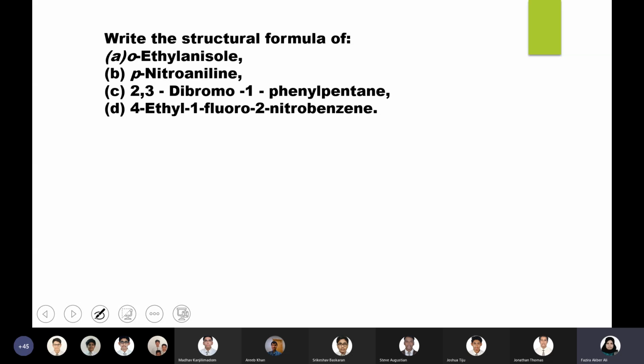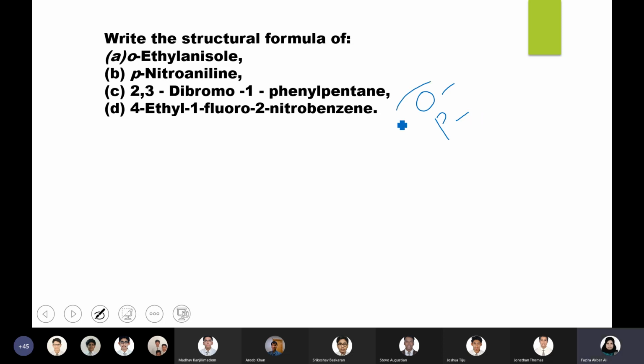Ortho-ethyl anisole. So I have already given the name, anisole. Then you need to look into the position. Before we start solving this one, you might have seen that rather than the numbering, they have written O, P, etc. Right?